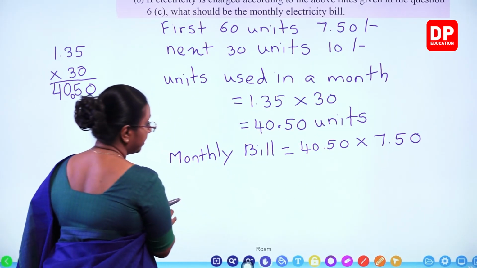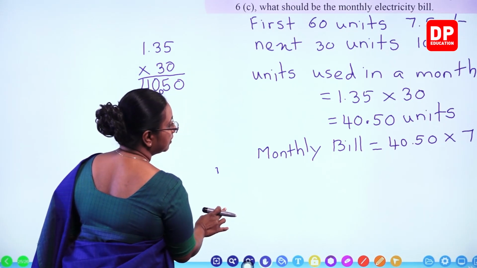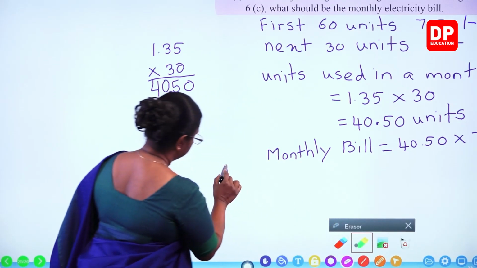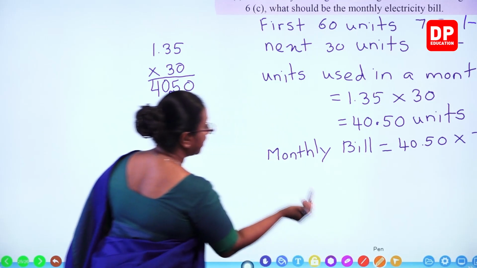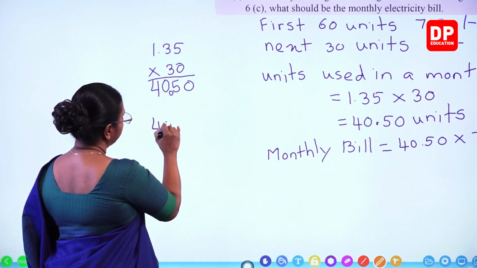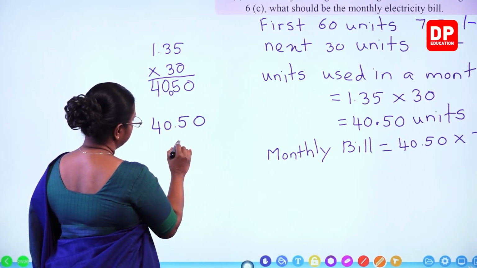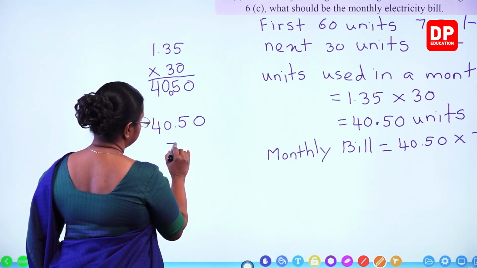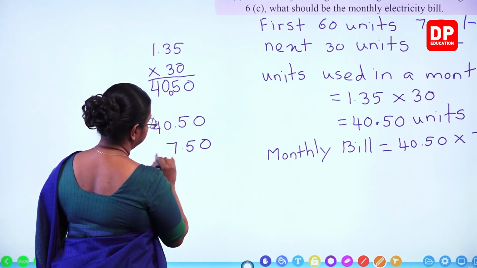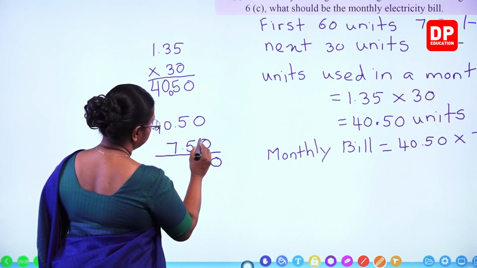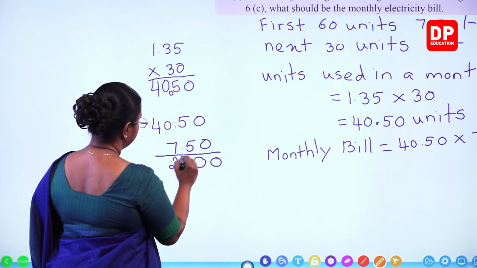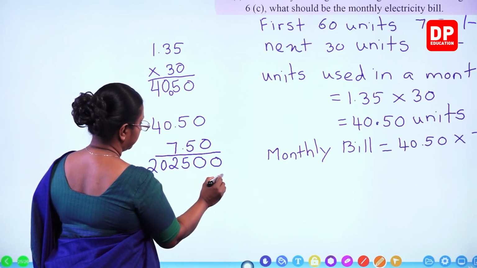So again if we calculate that, so here you can see 40.50 into 7.50. So here this is going to be 25, 2 and 20.